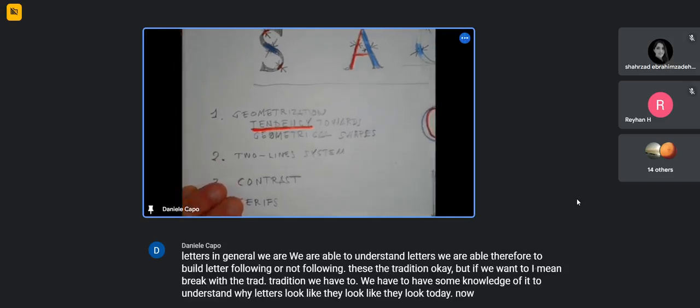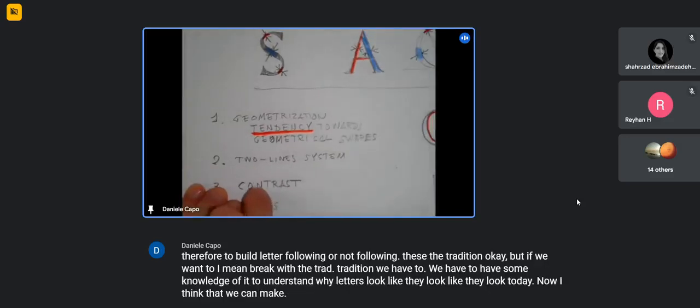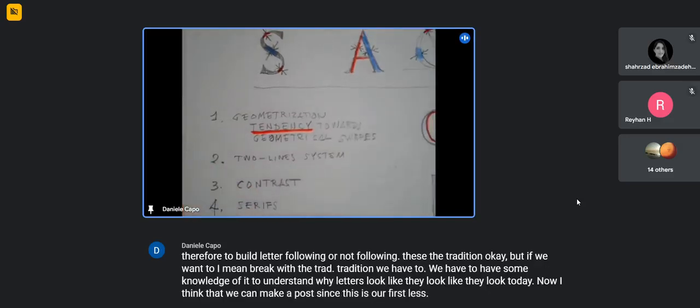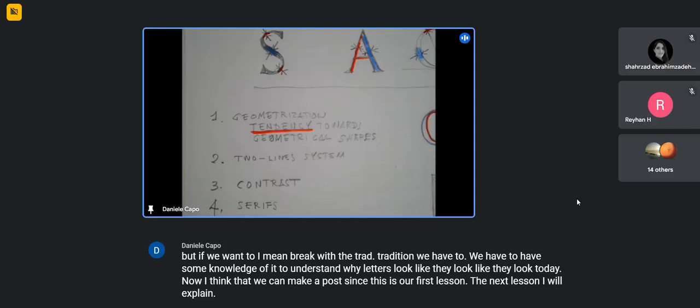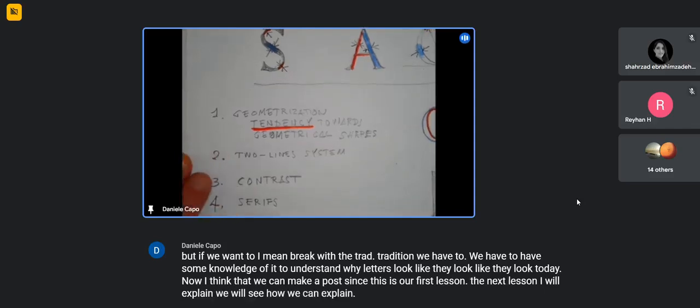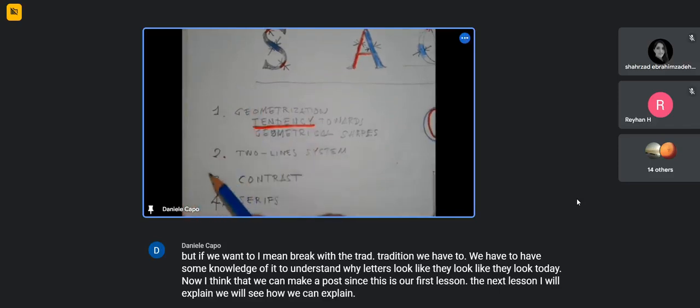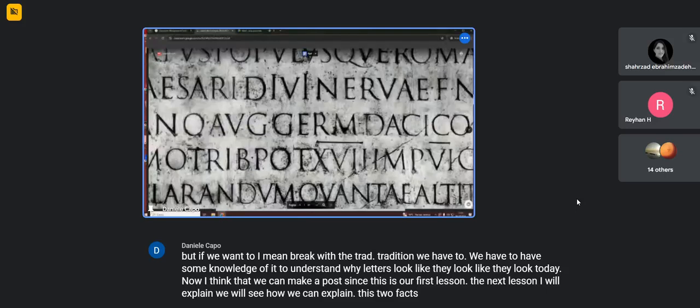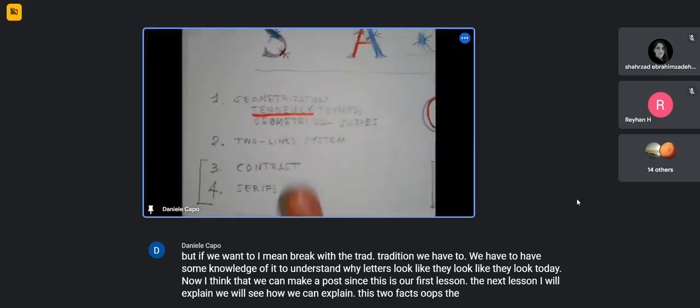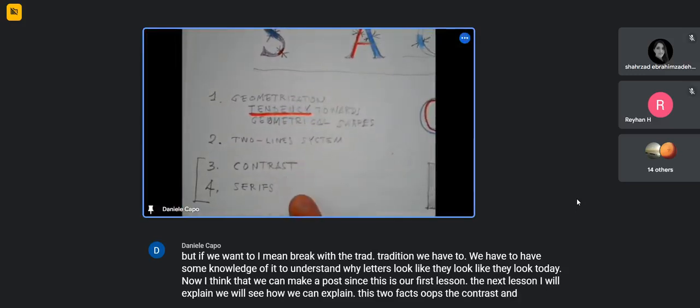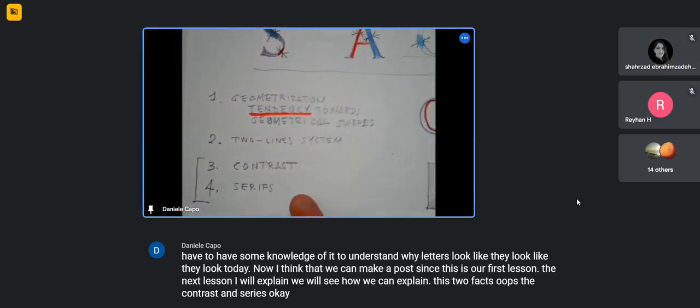Now, I think that we can make a pause since this is our first lesson. In the next lesson, we will see how we can explain these two facts: contrast and serifs, okay?